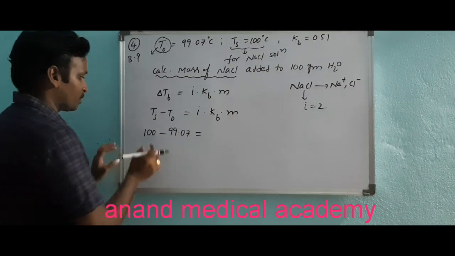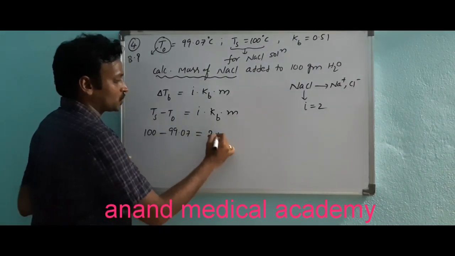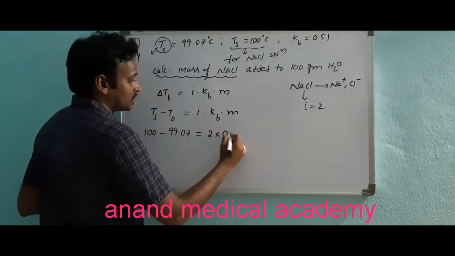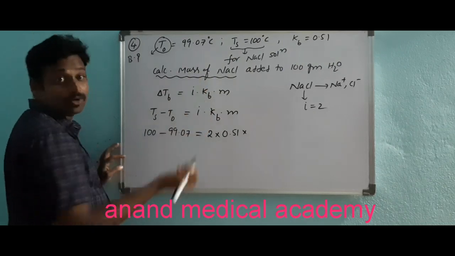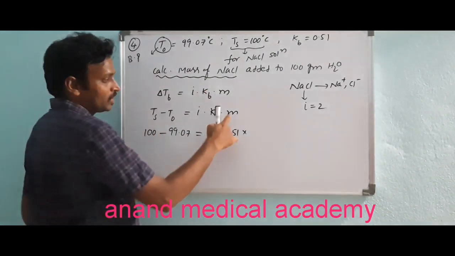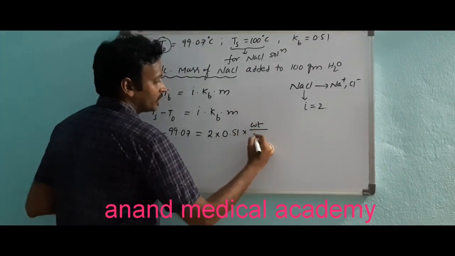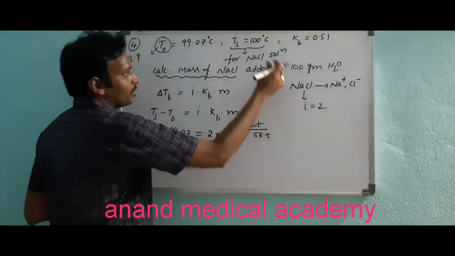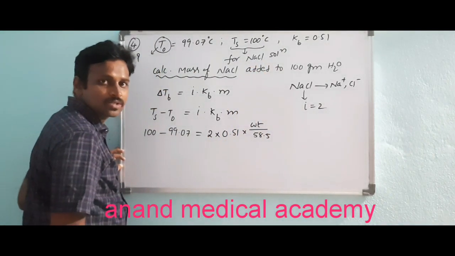That is the difference. So here 100 minus 99.07, i value is 2 and the Kb value is 0.51, and the molality is, oh no, here the weight of solute you have to find out. So molality formula is weight by molecular weight, which is 58.5 because whose solution? NaCl. NaCl molecular weight, how much?